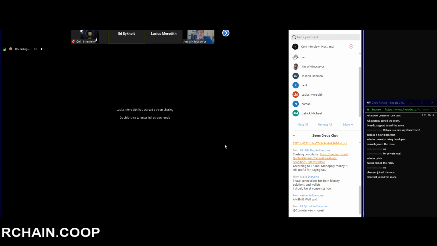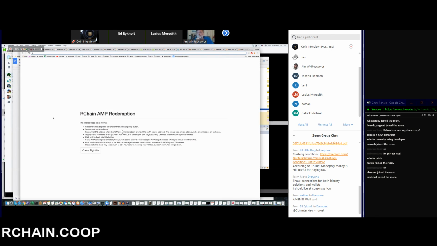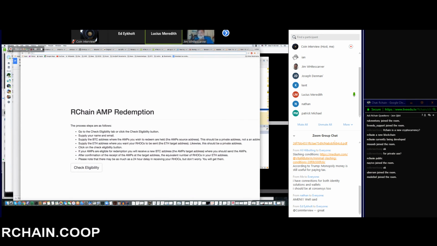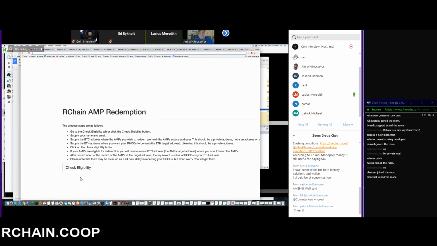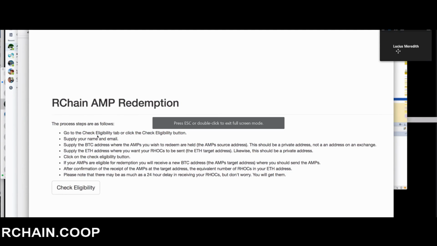I think the most important thing is that the Ethereum address that you provide has to be one under your control. That's right. So if you look here, the process is spelled out entirely. You go to the check eligibility tab, or click the button. You supply a name, an email, and the BTC address that holds the AMPs that you wish to redeem.